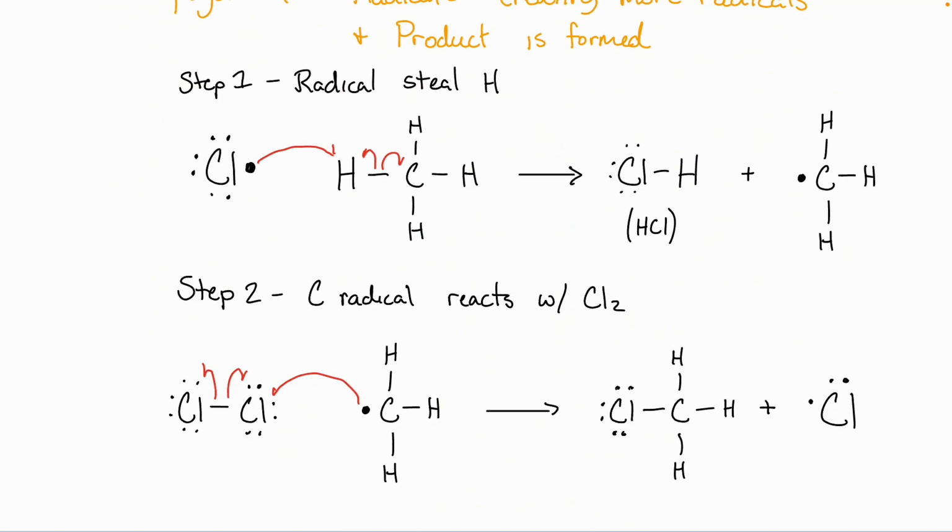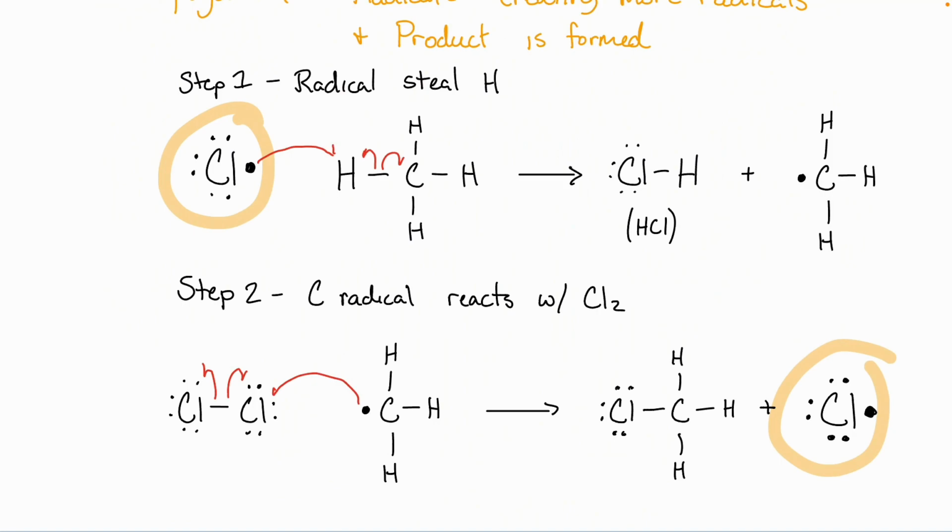And in particular, because this is that propagation step, I'm going to have a radical on one side and a radical on the other side. I've just reformed that same chlorine radical that I started with, right? So notice how the first step I started with the chlorine radical, that's what's kicked everything off. At the end of that propagation step, I also have a chlorine radical, right?